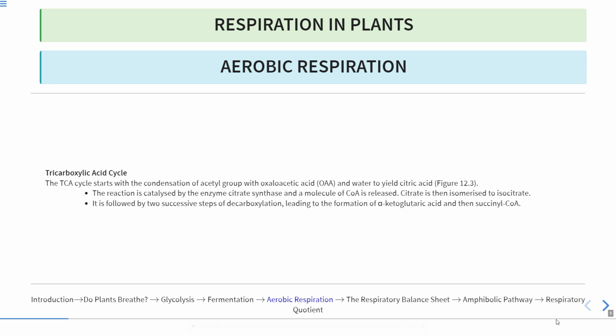Then decarboxylation of alpha ketoglutarate occurs in the second step. Alpha ketoglutarate is converted to succinyl coenzyme A by the enzyme alpha ketoglutarate dehydrogenase, and again one more NADH2 is formed with the release of carbon dioxide.